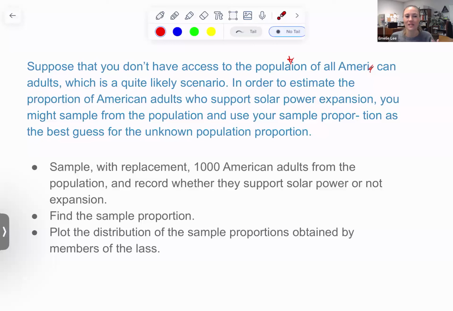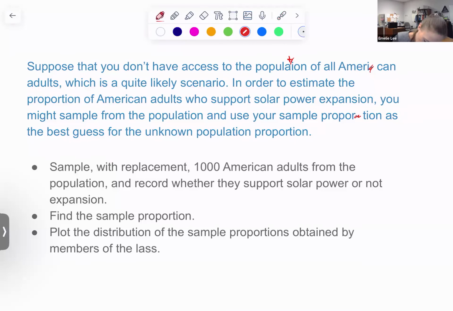Which is quite a likely scenario. We're not going to have access to the population, but that's okay. That's why we have statistics, because we don't need the population. Now, in order to estimate the proportion of American adults who support solar power expansion, you can sample from the population and use your sample proportion as your best guess for the unknown population proportion.